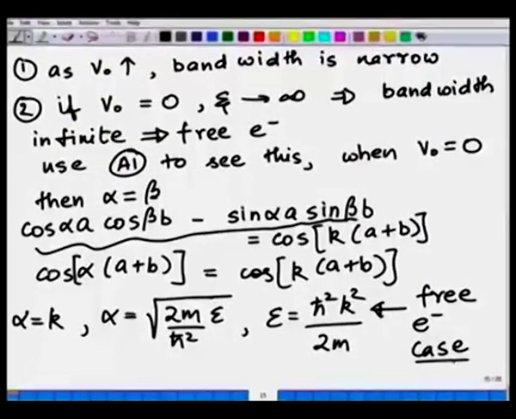So we can clearly show this mathematically, and graphically you can see it also. Similarly, you can do the third case also. If V0 tends to infinity, that means you have a very large potential.